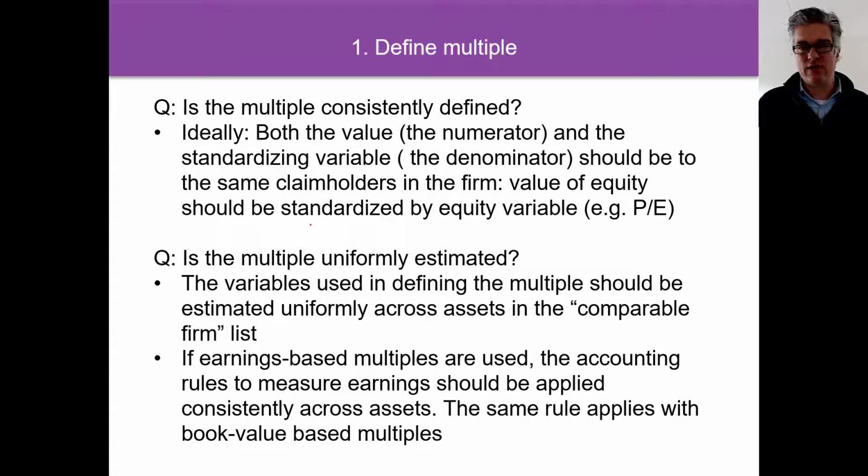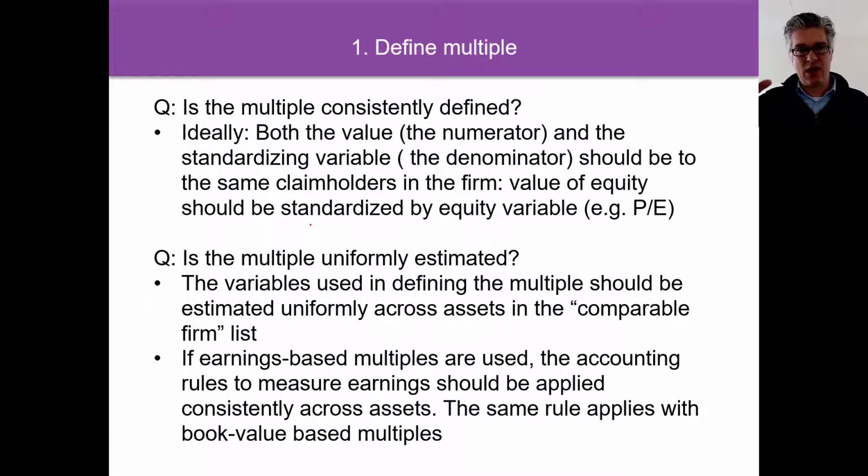If you're looking at something like the enterprise value, then don't standardize it using an equity variable, but standardize using a variable that concerns the entire firm, like EBITDA, like NOPAT, something like that. And then secondly, make sure that the multiple is uniformly estimated.